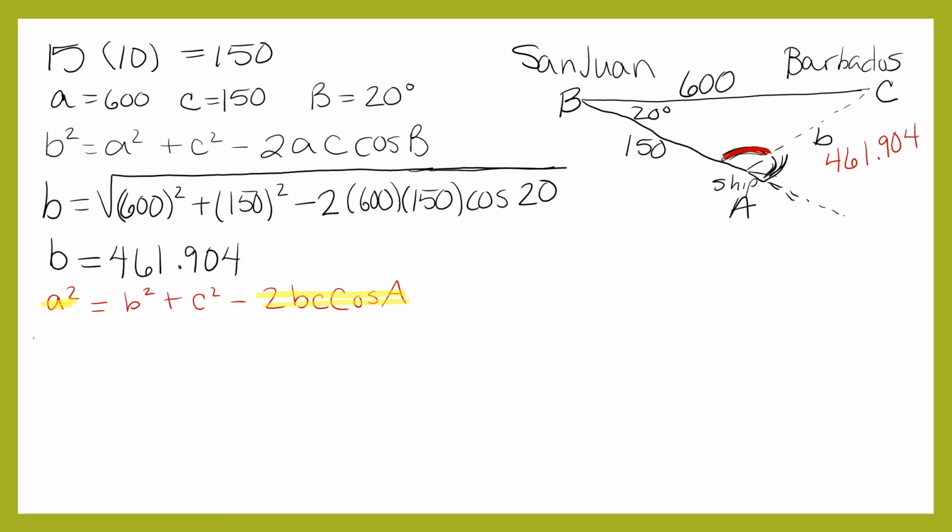So I will have 2bc cosine of A equals b squared plus c squared minus a squared. Now I'll divide both sides by 2bc.